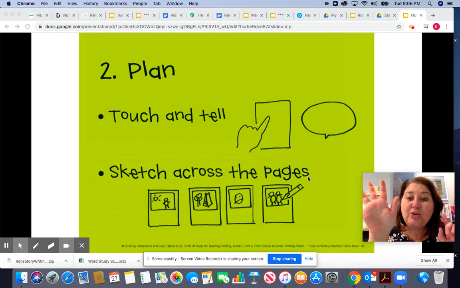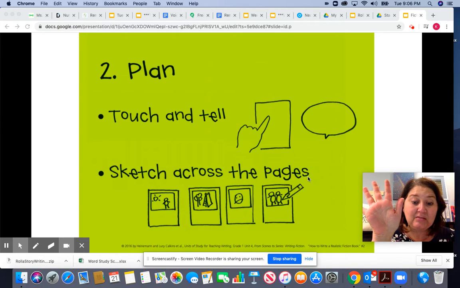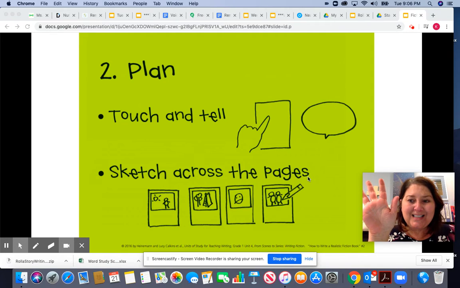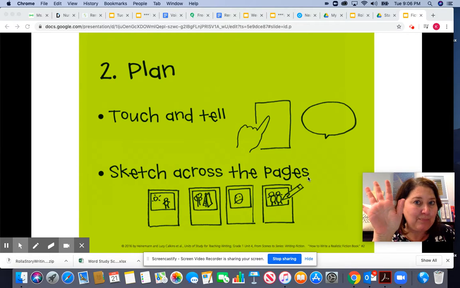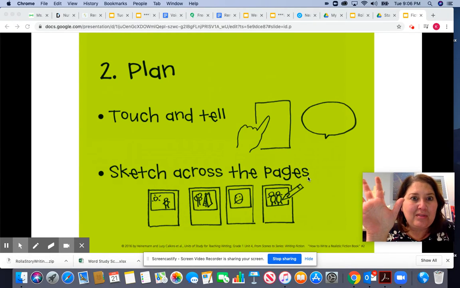You could also sketch across the pages. Okay. And we've done this before. So the sketching also helps you to remember when you go back to write, especially if you're writing on different days. If you have sketched your ideas on paper, that will trigger your memory for what you're writing.